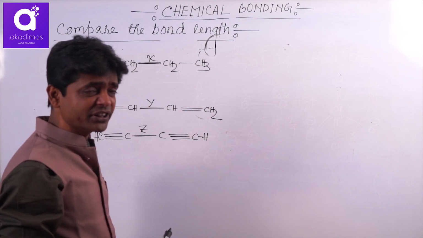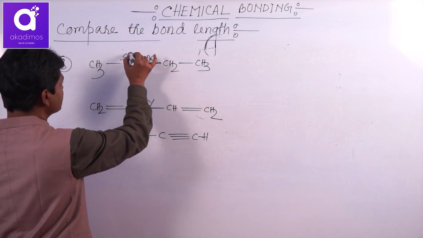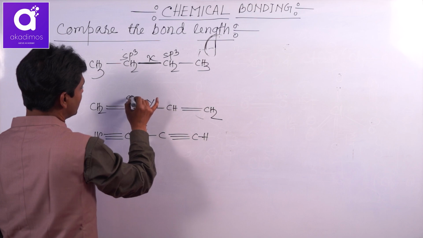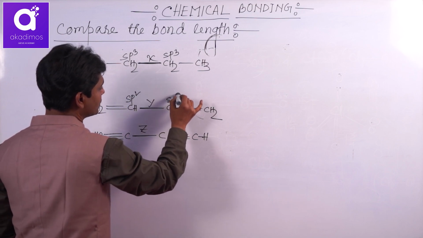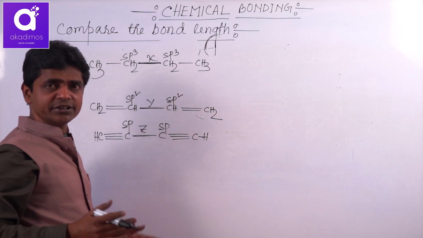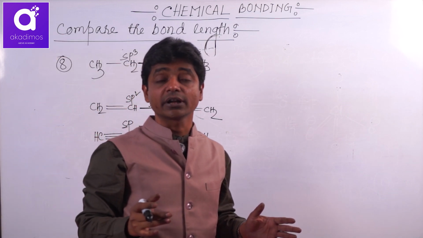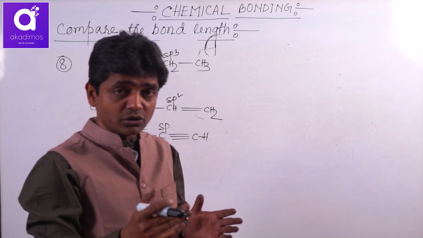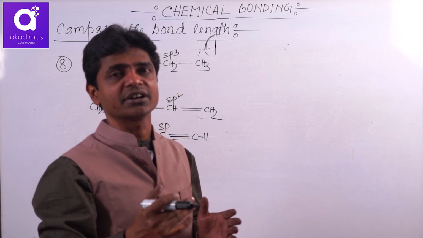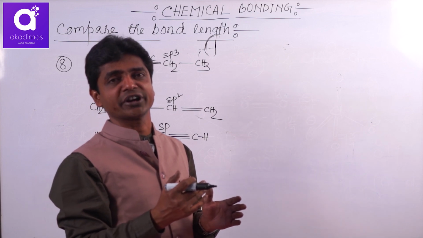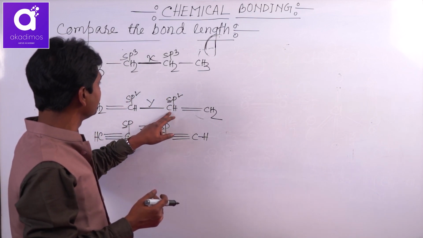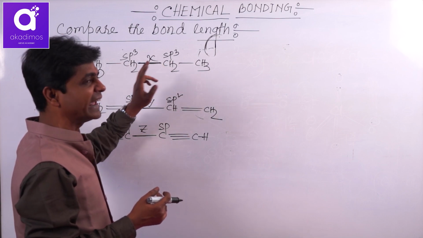I'll take the hybridization concept here. You know these are sp3, these two are sp2 and these two are sp. And you know, with increase of s character, electronegativity increases, since s is the closest subshell in a particular shell. Close means more electronegative. That means sp is more electronegative, then electronegativity decreases, then decreases again.